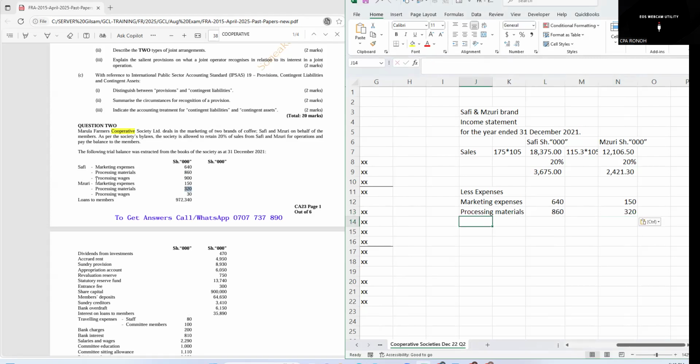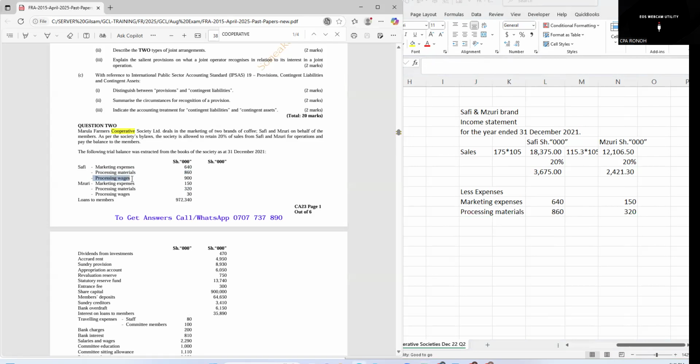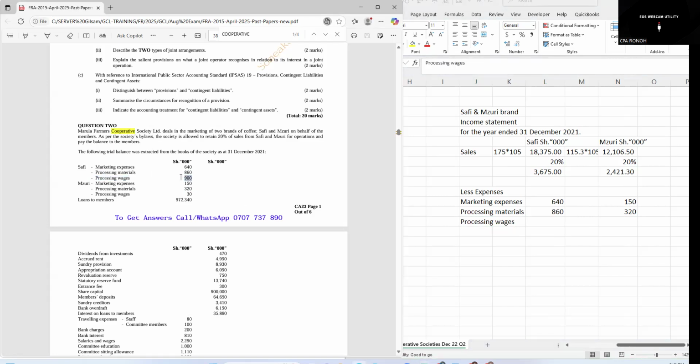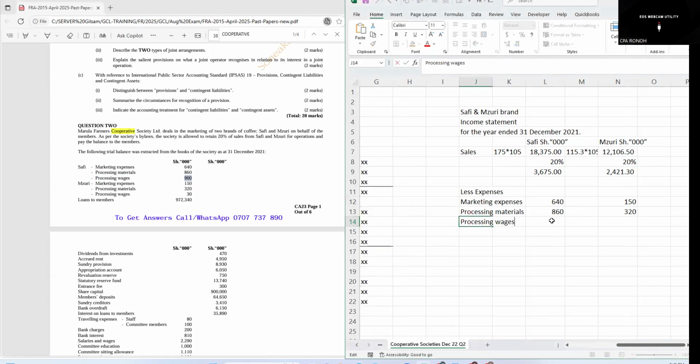We have processing wages, this one is 900, the other one is 30.